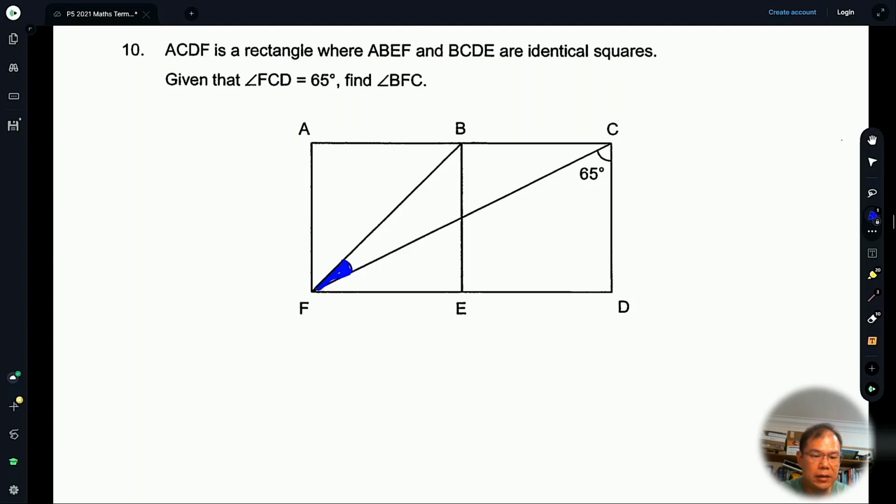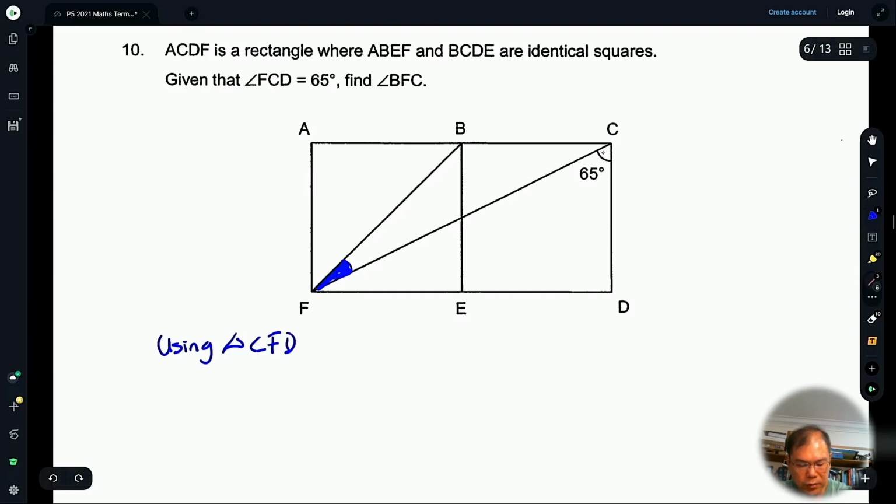In this case, I'm going to make use of this triangle CFD to help me. So I'm just going to draw CFD here, C, F, D. I'm going to make use of this triangle first.